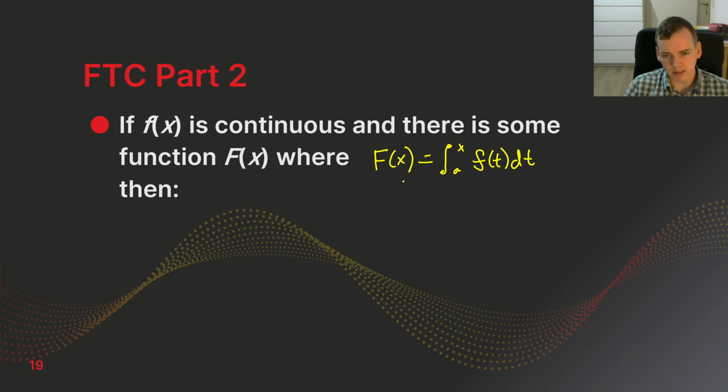Basically, if big F of x is the result of integrating little f of t, then the integral from a to b of big F of x, no, sorry, that's completely wrong. It's been a little while since I've reviewed all these rules, so I'm a little rusty on it, is equal to F of b minus F of a.